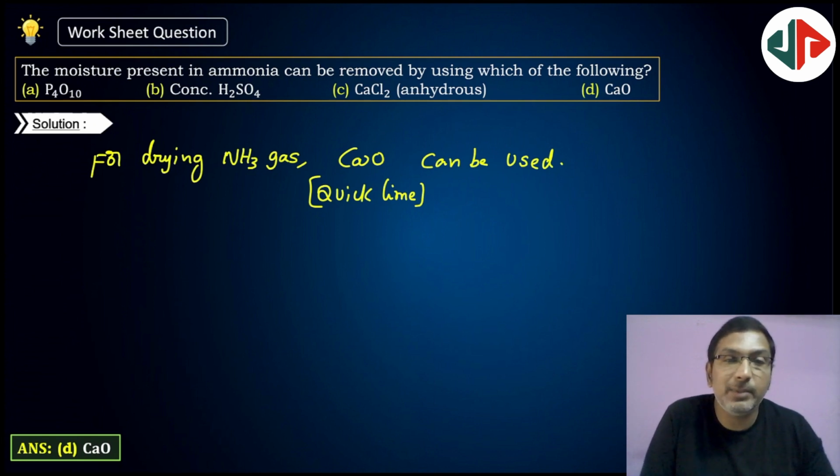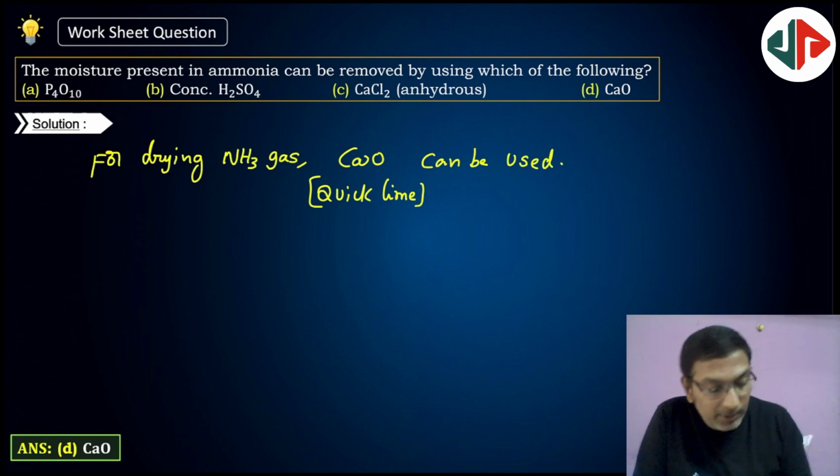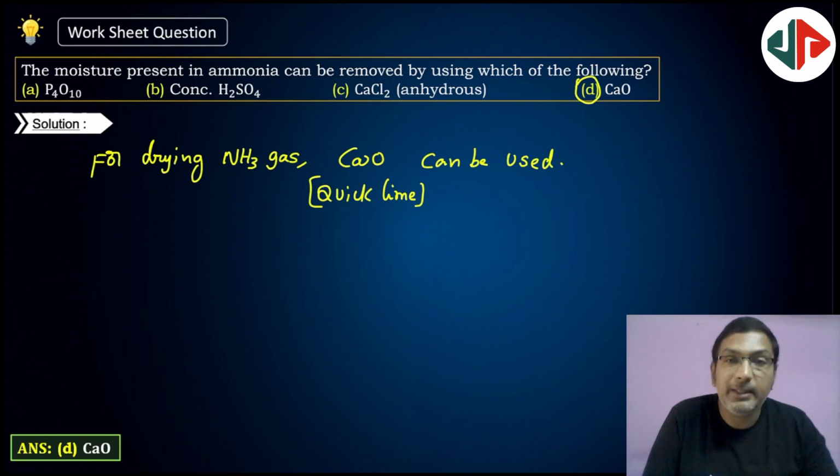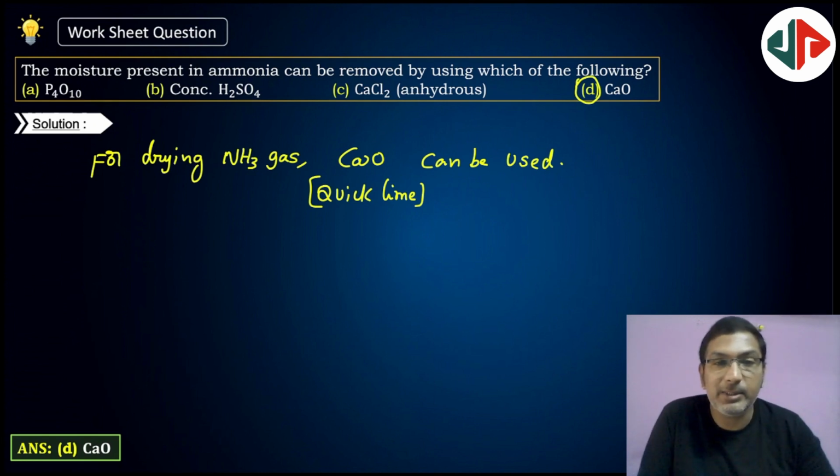Remaining compounds P4O10, concentrated H2SO4 and CaCl2 can react with ammonia gas. Therefore, CaO can be used to dry ammonia. Therefore, option D. Here there is no combination between CaO and NH3. Therefore, it can be used. So, remaining options A, B, C can react with ammonia. Therefore, they cannot be used.